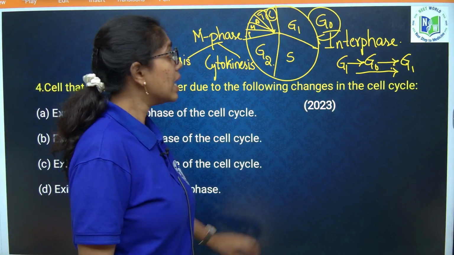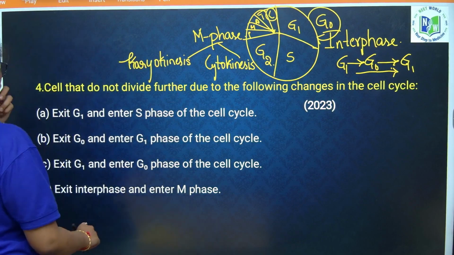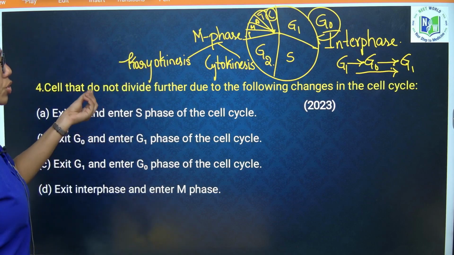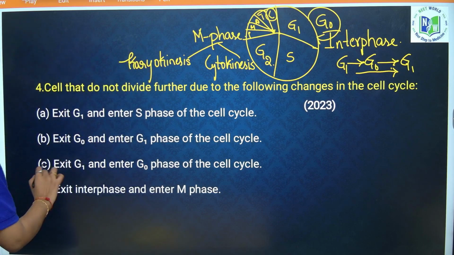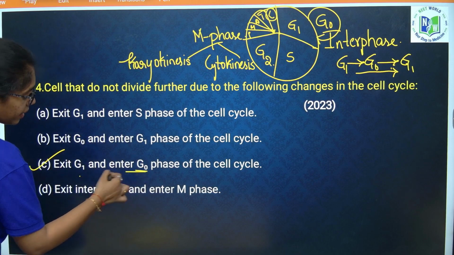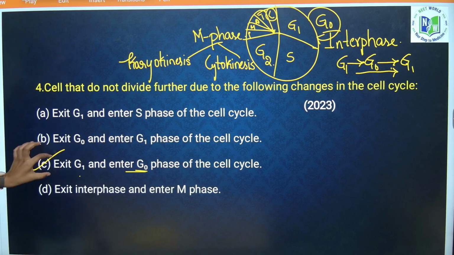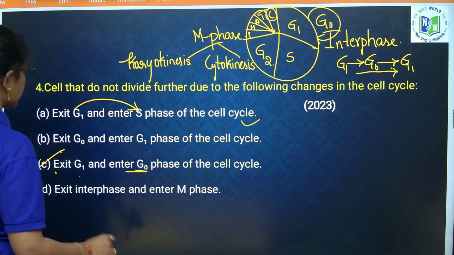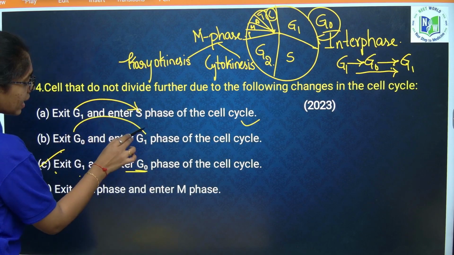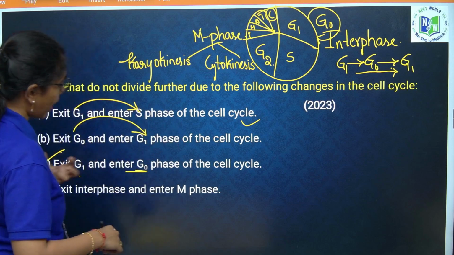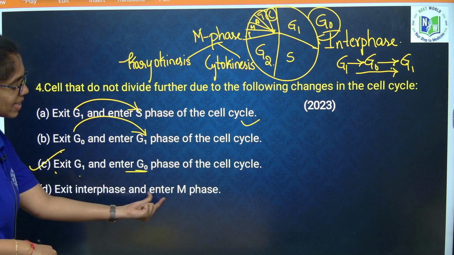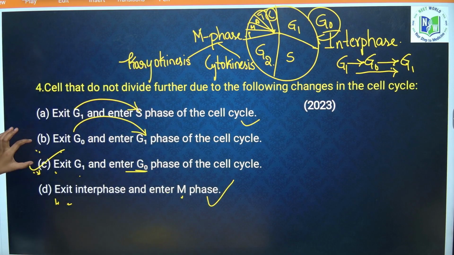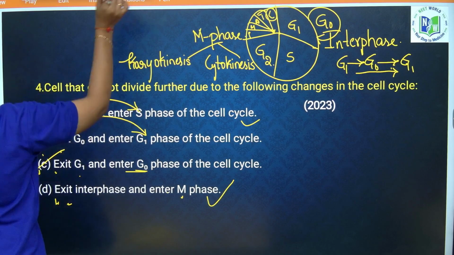So if you look here, a cell which will not divide exits from G1 phase and enters G0 phase of the cell cycle. This is the correct option. After G1 entering S means it is a normal cell cycle. After G0 entering G1 means it is resuming the cell cycle. Exiting interphase and entering M phase is a normal cell cycle. So what is our option? Option C. Clear, ma'am? Next.